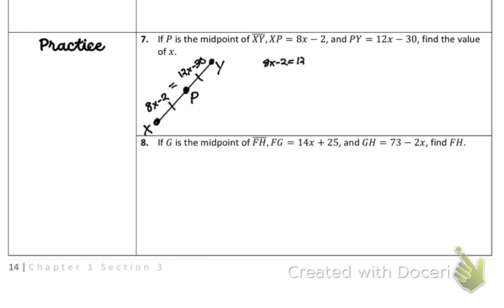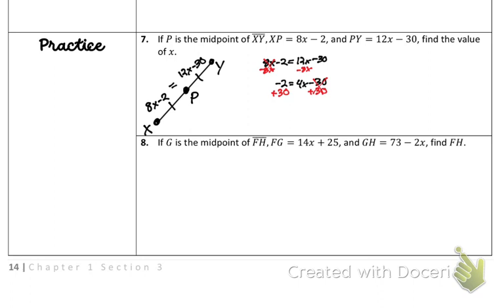It's just 8x minus 2 equals 12x minus 30. To solve this, we'll subtract 8x from both sides. I will now have negative 2 equals 4x minus 30. I'm then going to add 30 to both sides to get that 30 over there.